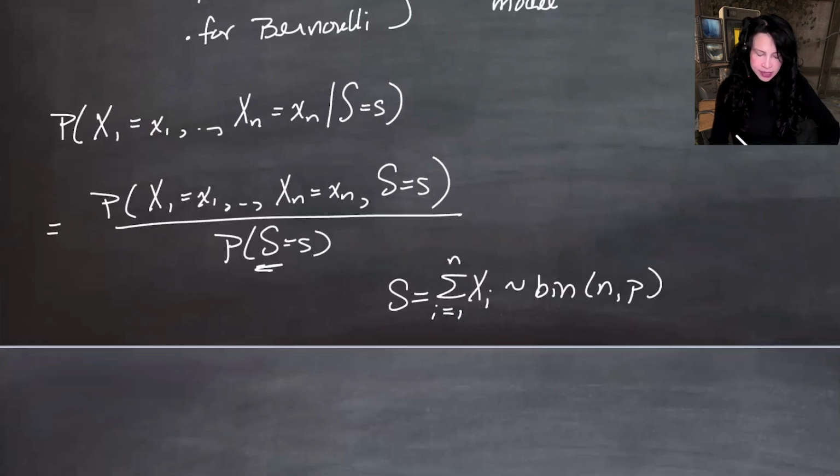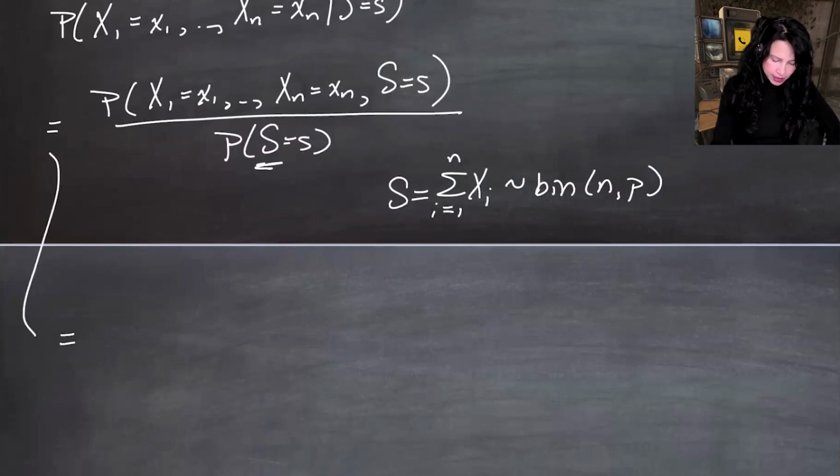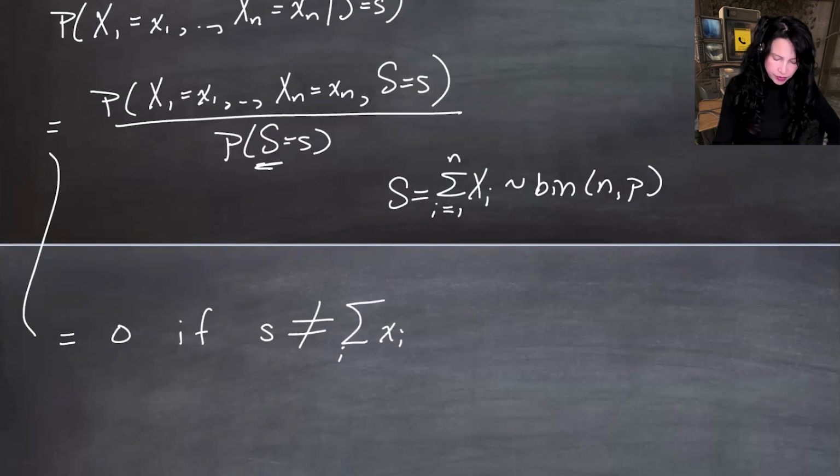Close this parenthesis. We know that capital S is the sum of the capital X's. This probability here is going to be 0 if little s does not equal the sum of the little x's. I'm just exaggerating my symbols so you can see that that's a lowercase s and lowercase x's.